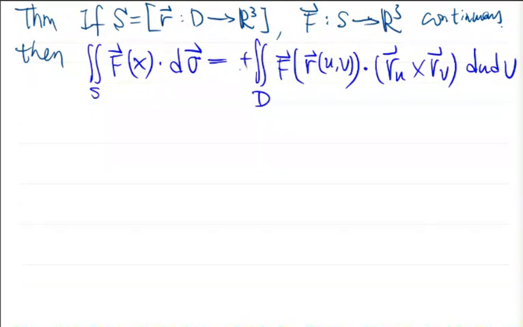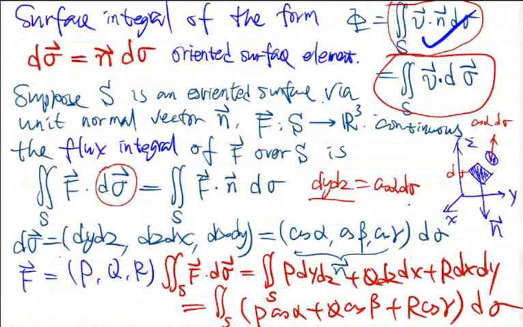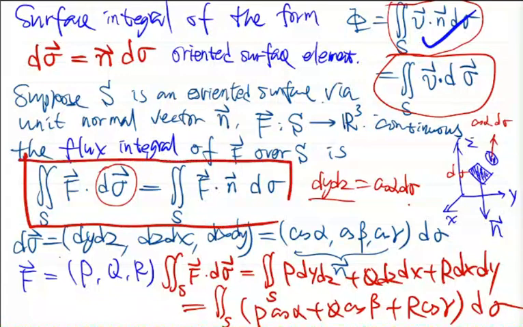And we have a positive or negative sign in front of the double integral. We have a choice because the flux integral depends on the orientation. From this definition, the flux integral is the usual surface integral of F inner product with n. If you reverse the orientation n of the surface, you will obtain a negative sign.